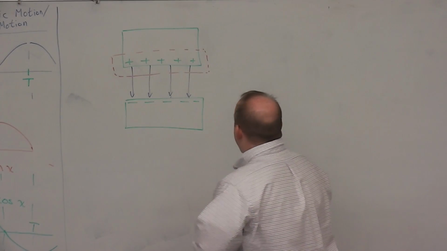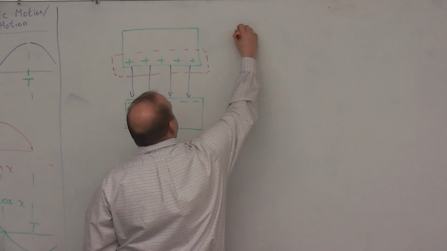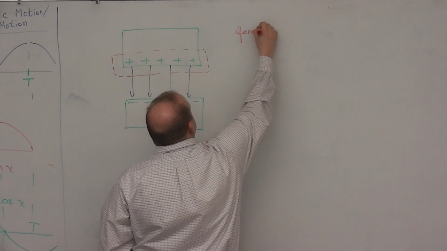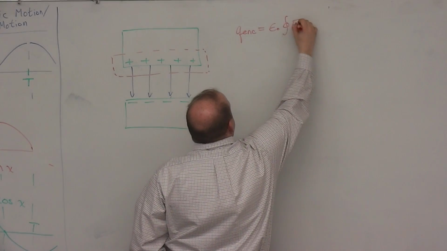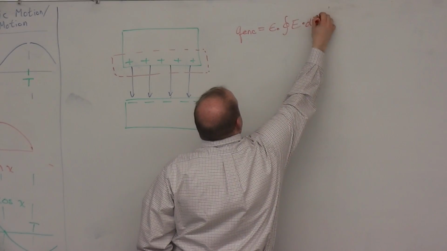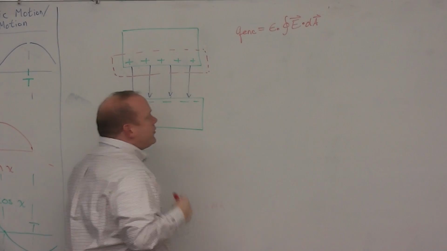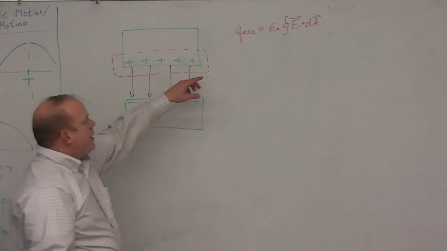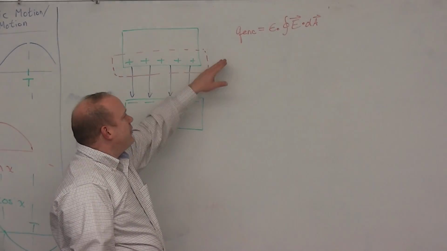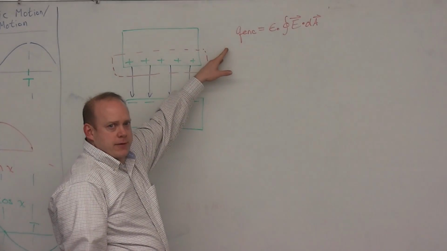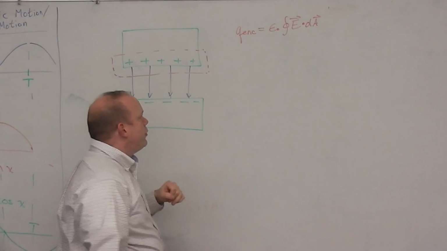If I do Gauss's law, I'm going to say Q enclosed is equal to epsilon naught integral of E dot dA. Now, Q enclosed, usually we've been calling that sigma A. Well, in this case, we're not looking at an infinite plate. We're looking at something with charge Q on it.